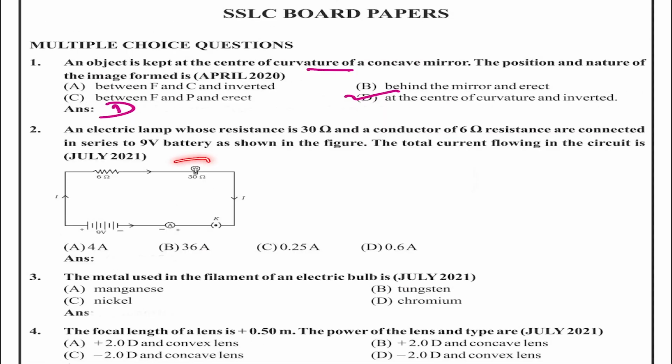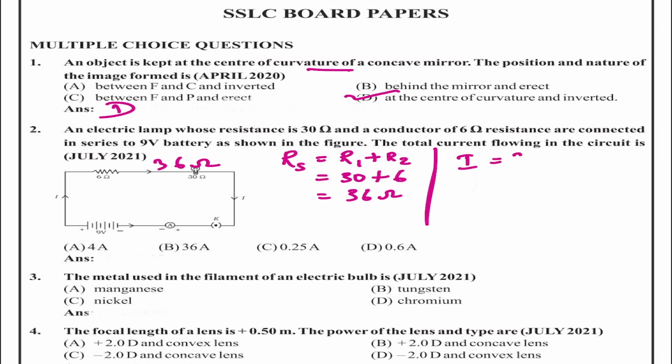Seeing the diagram, it is very clear that the electric lamp and the conductor are connected in series. When two resistors are connected in series, we take their sum as the total resistance. That is R1 plus R2, 30 plus 6 ohm. Therefore, the total resistance is 36 ohm.